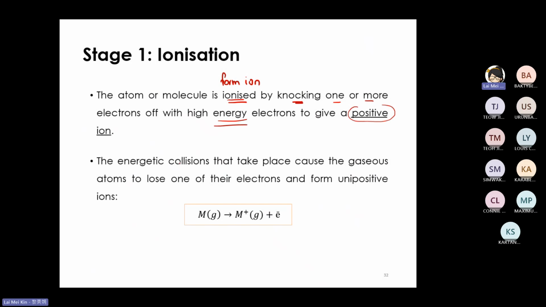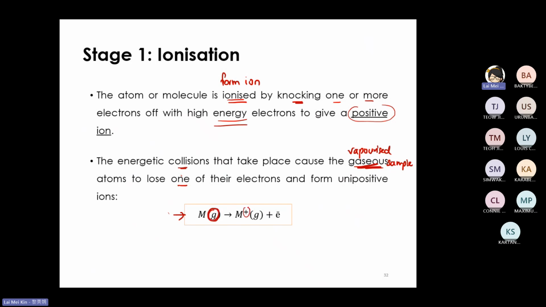So this collision, this bombardment, this knocking off will cause my gaseous, vaporized sample to lose one of its electrons and form a positive ion. As I mentioned, this equation you must know. It's a gaseous sample.